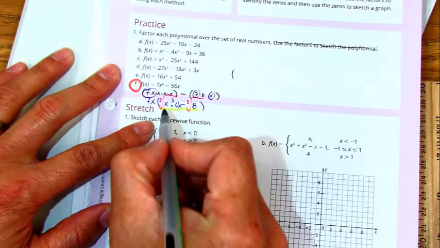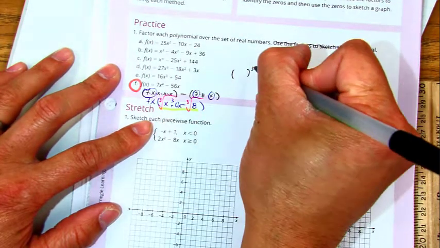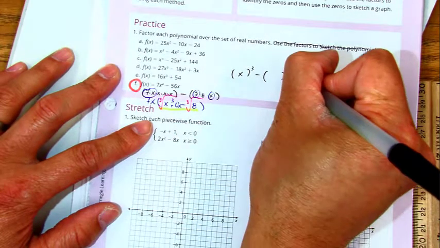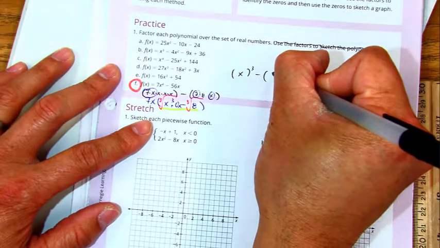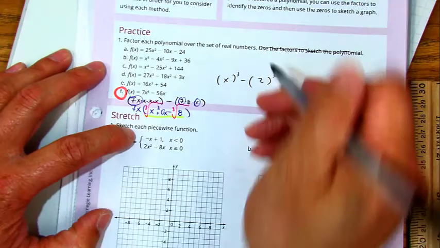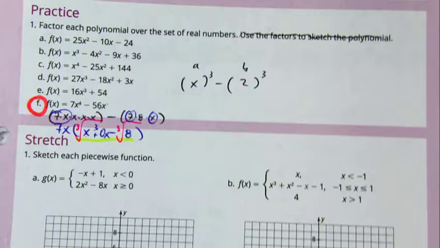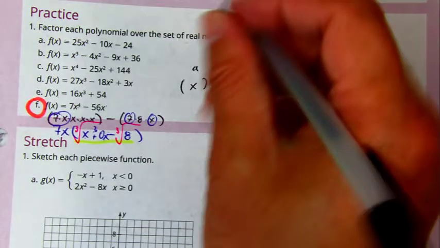Class, what's the cube root of x cubed? X. The cube root of 8? 2. So now my A is x, B is 2. Cross the aisle, partner B, tell partner A the formula you need. Don't forget SOAP.